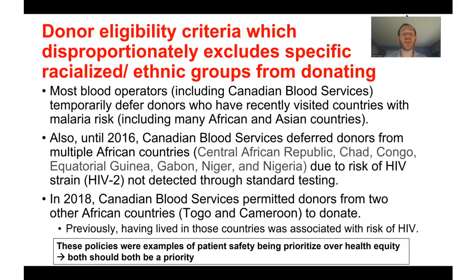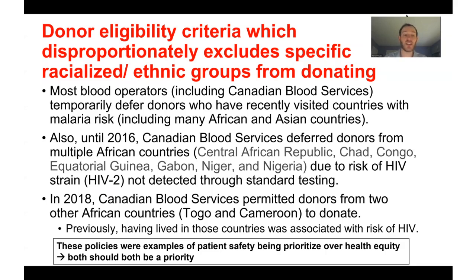Compounding this problem is donor eligibility criteria, which disproportionately exclude specific racialized or ethnic groups from donating. I give the example here that most blood operators, including Canadian Blood Services, temporarily defer donors who have recently visited countries with malaria risk, and that includes many African and Asian countries. And those are donors that are in particular needed to help serve patients from diverse backgrounds as well.